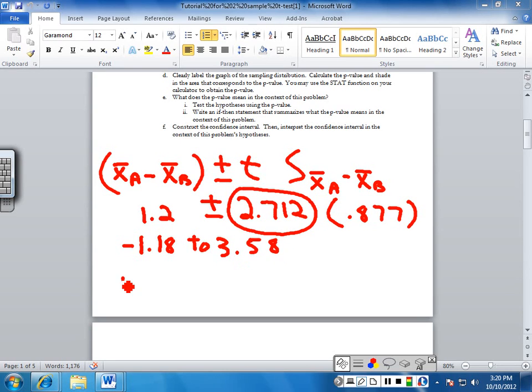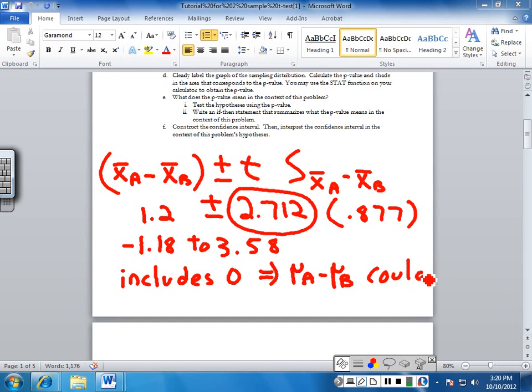The main thing you need to recognize about that interval is that it includes the number 0, which means mu A minus mu B could equal 0.